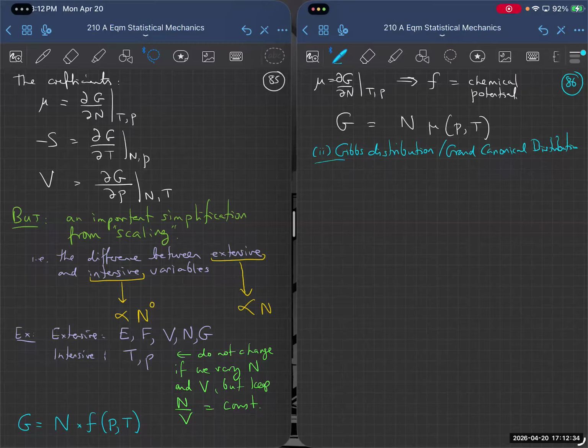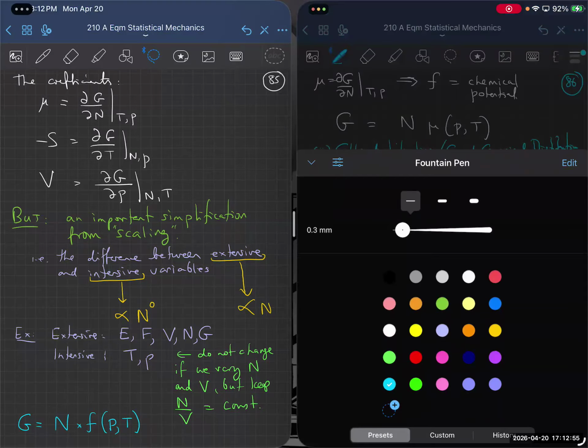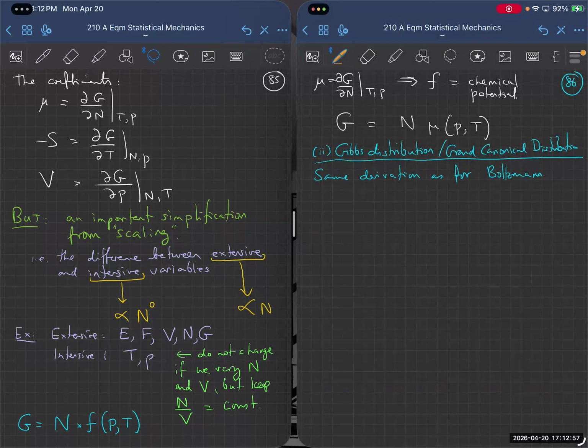And we're going to derive it the same way that we did before. So it's the same derivation as for the Boltzmann distribution. So I'm going to just scoot through it really quickly because we've done it before.